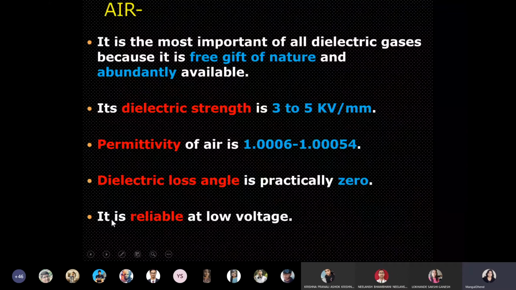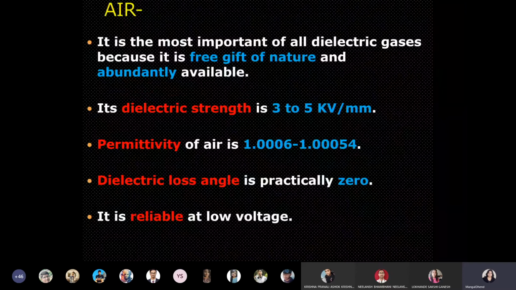It is reliable at low voltage. Why is it reliable at low voltage? Actually, it's not a drawback, it's an advantage, because the reliability of air as a dielectric material is good. Why? Because it will work as an insulating material only.